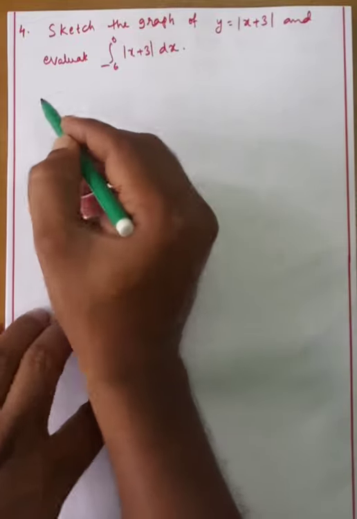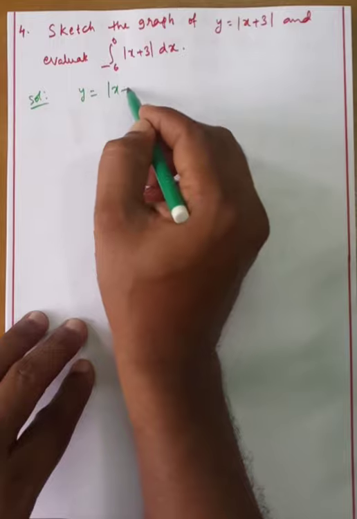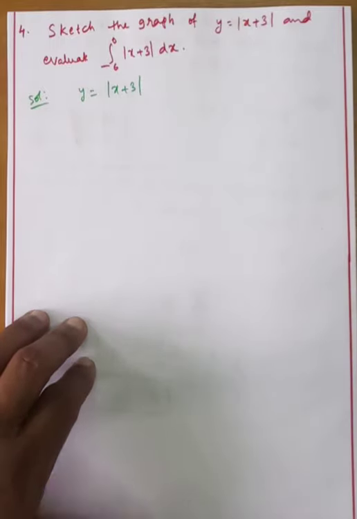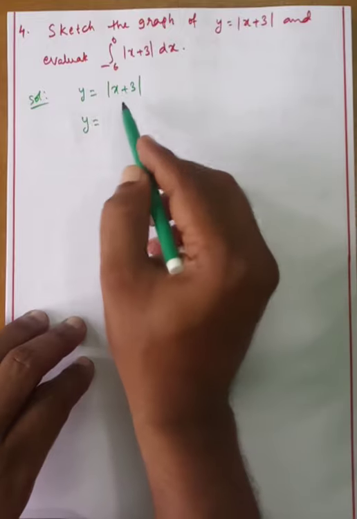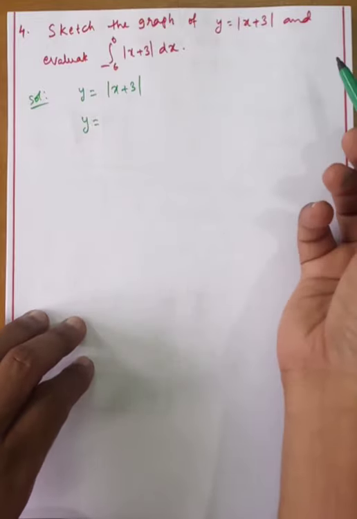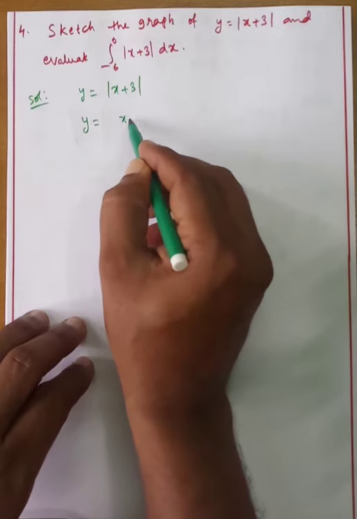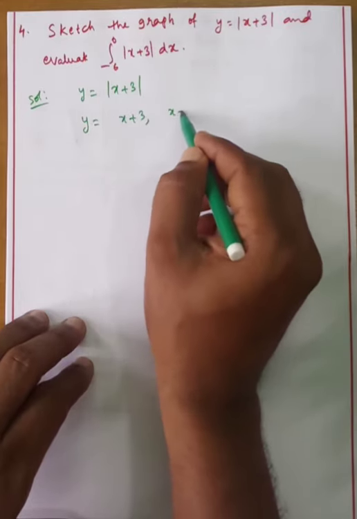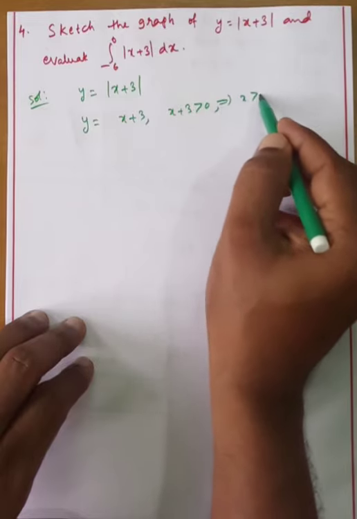Y is equal to modulus of x plus 3. Whenever you remove the modulus, for suppose mod x is positive when x is greater than 0, here also in the same way, x plus 3 is positive when x plus 3 is greater than 0, that means x greater than minus 3.